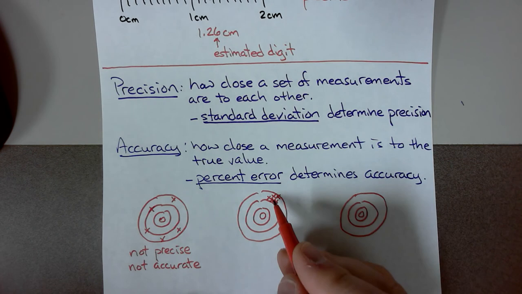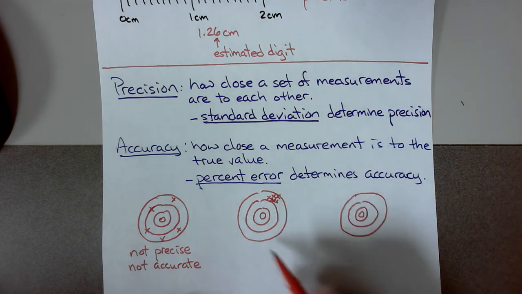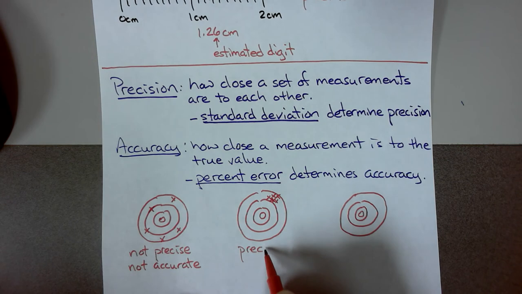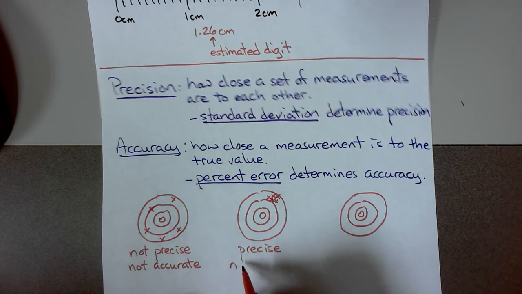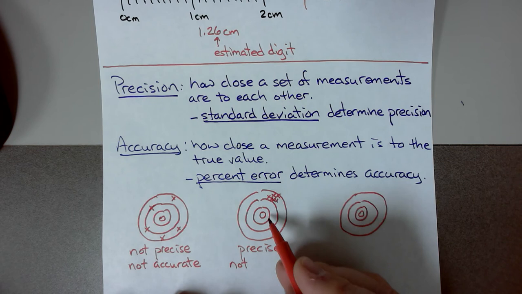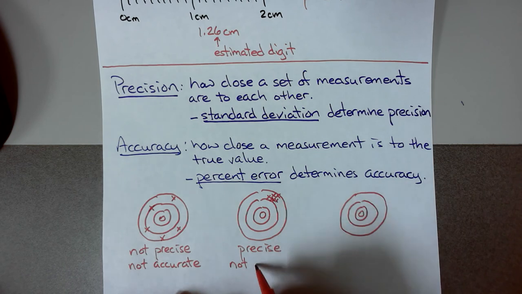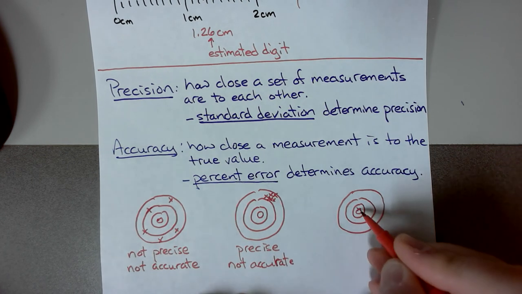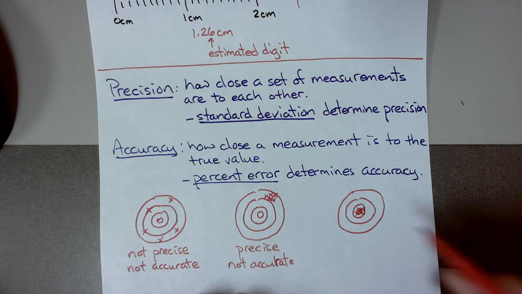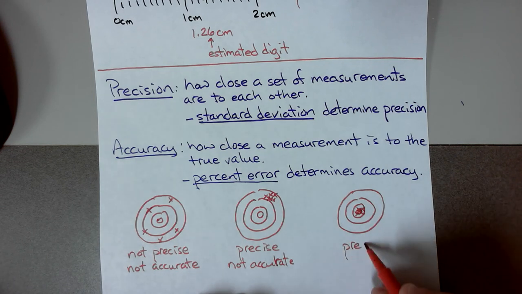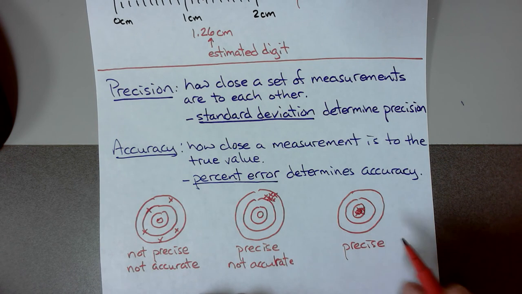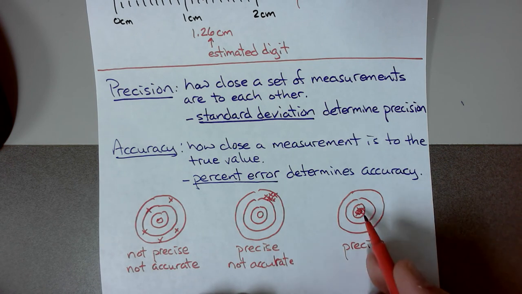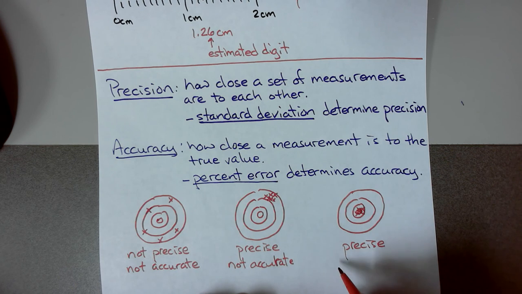Well, now they're grouped close together, and because they're grouped close together, they would be precise but not accurate, and the reason they're not accurate is because they didn't land on the true value or the bullseye. And then if we have all of them land right at the bullseye, then they would be precise because they're all grouped close together and they are all on the true value, so they're precise and accurate.